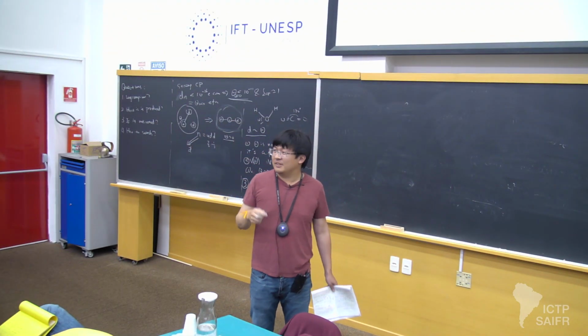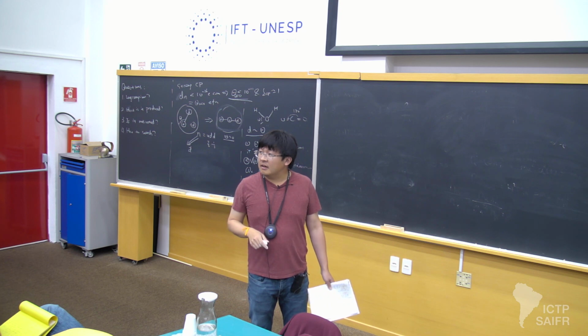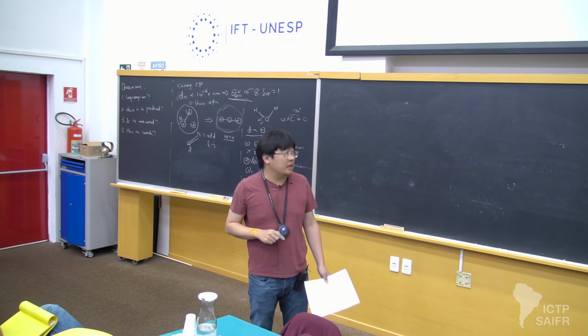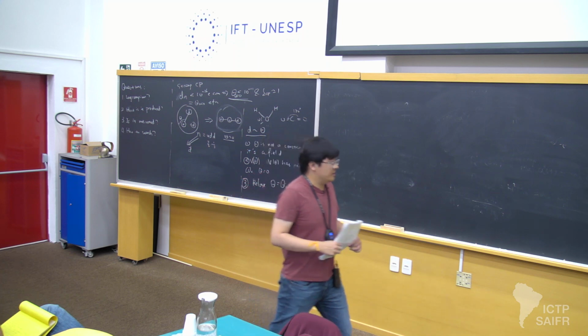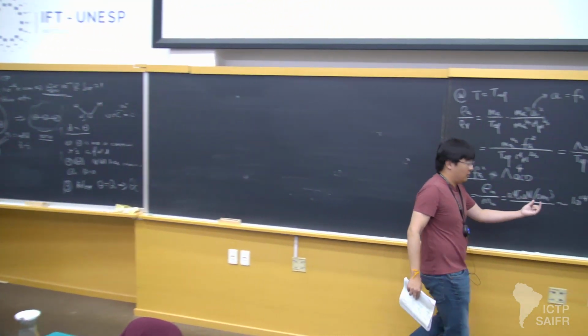Yeah. I have a question. In the procedure that you show us, it has to be a boson, right? Because it has an occupation number of 10 to the 20.